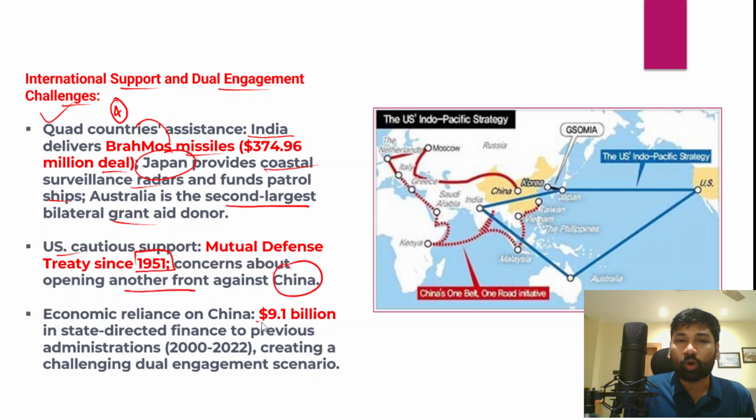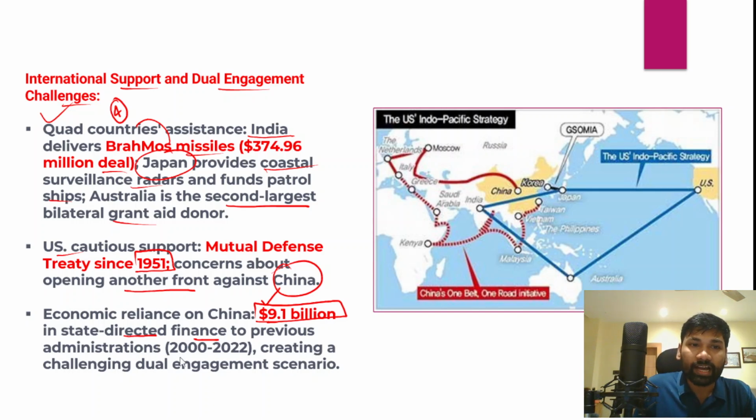And apart from that, the problem with the Philippines is that there is a huge economic reliance on China. Despite having a lot of bilateral issues, the Philippines deepened its economic cooperation substantially, and therefore there was actually 9.1 billion in state-directed finance to previous administrations, 2002 to 2022.